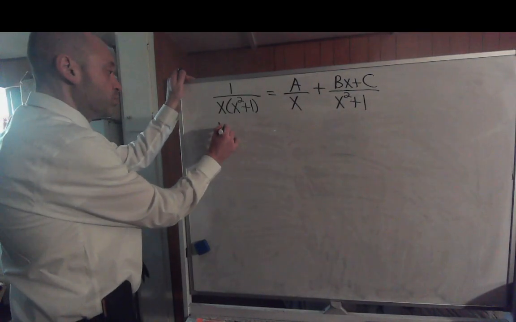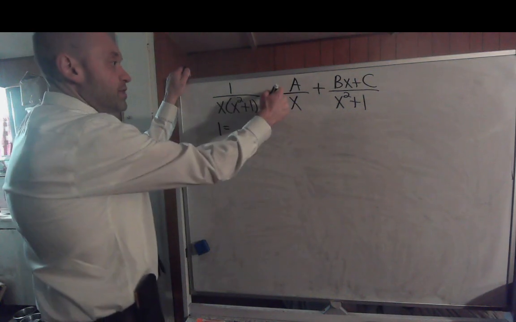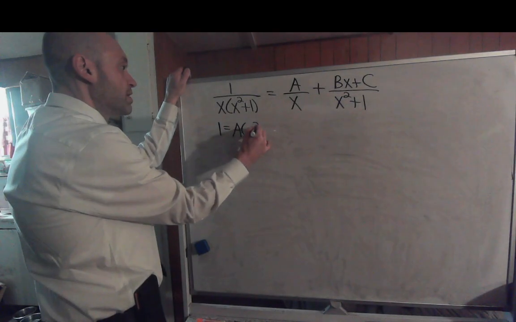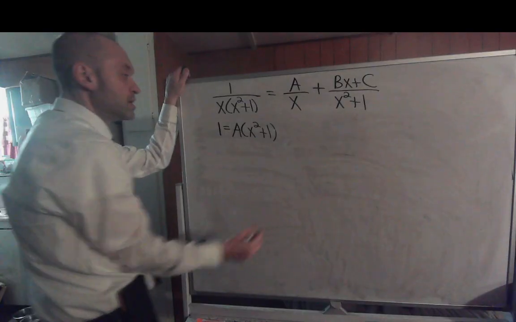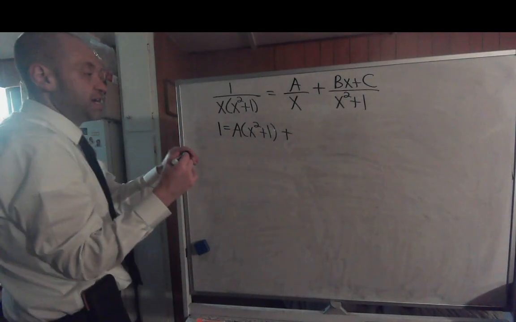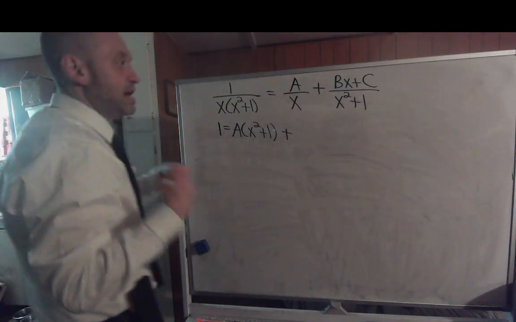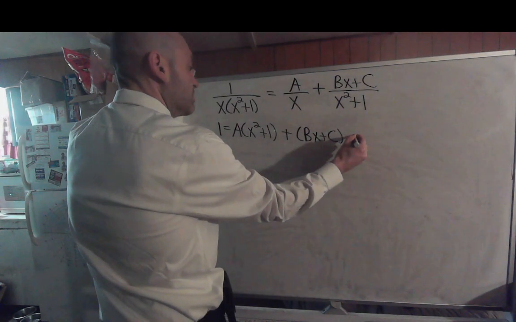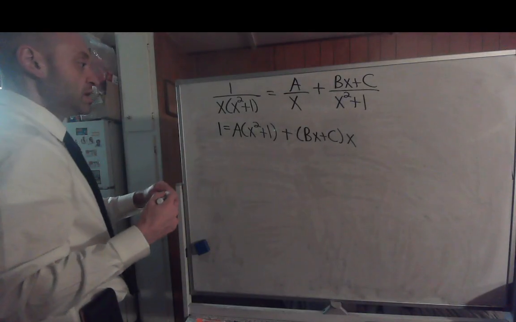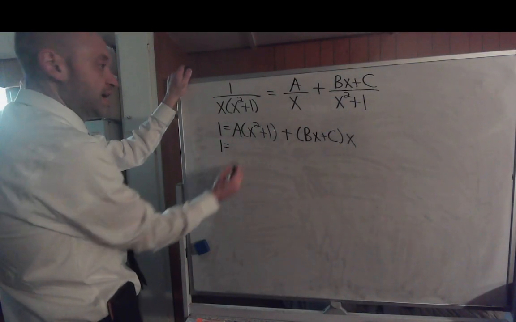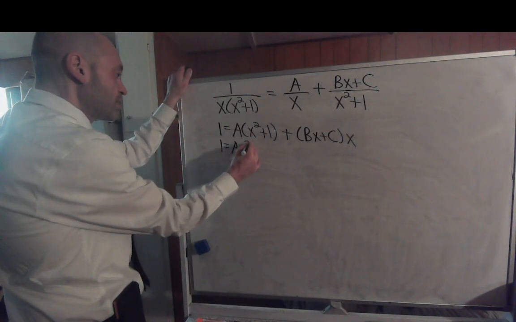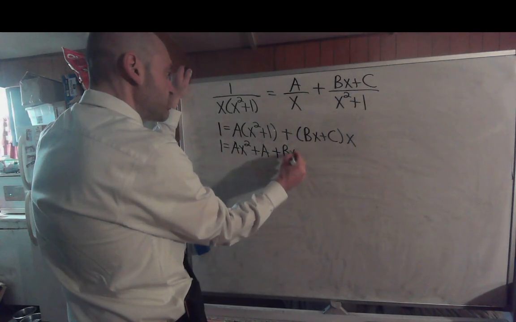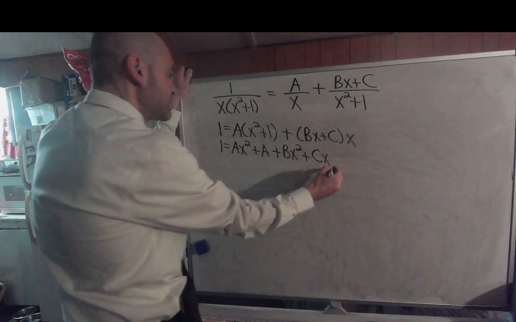This would just turn into 1 equals the first term times the common denominator, which would be a times x squared plus 1, plus, now if you take your second term, multiply it by the common denominator, you would end up having bx plus c times x. So let's go ahead and expand everything on the right hand side. You'll have ax squared plus a plus bx squared plus cx.